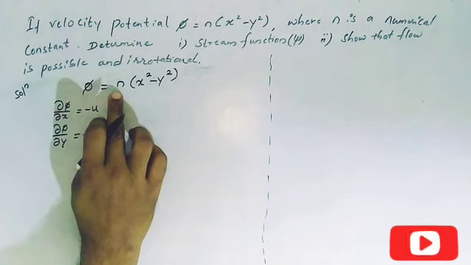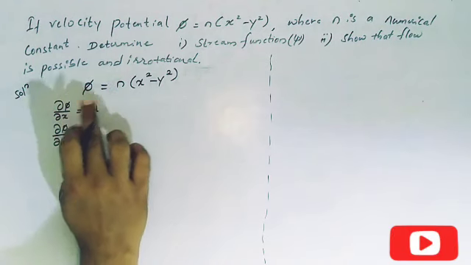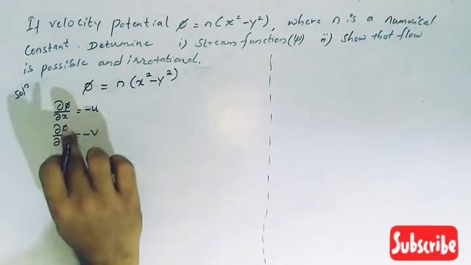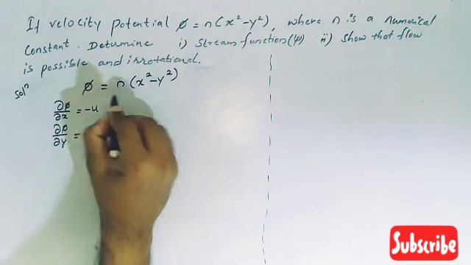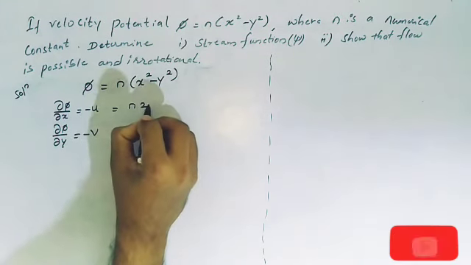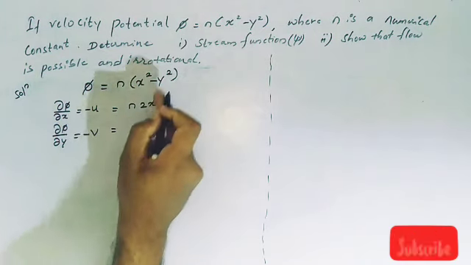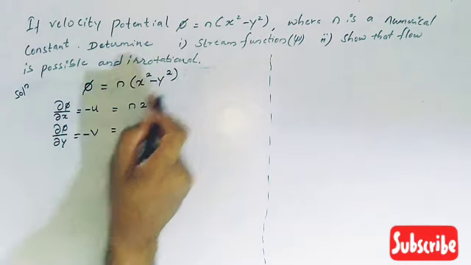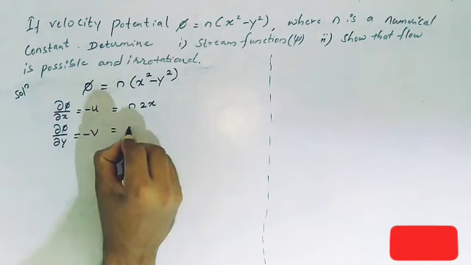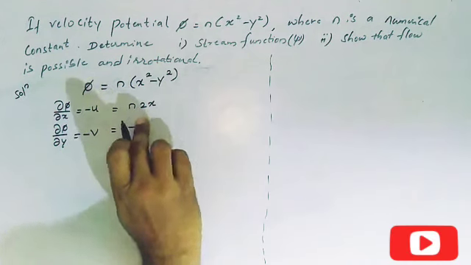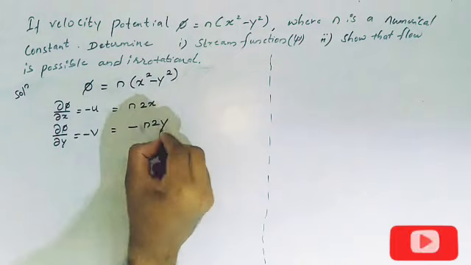Now if I partially differentiate φ with respect to x and similarly with respect to y, I will get n into 2x when I differentiate with respect to x. Similarly, if I partially differentiate the φ equation with respect to y, it will be minus n into 2y.